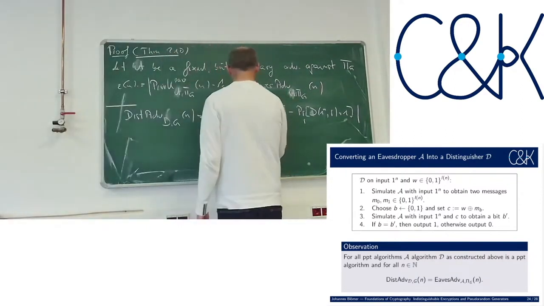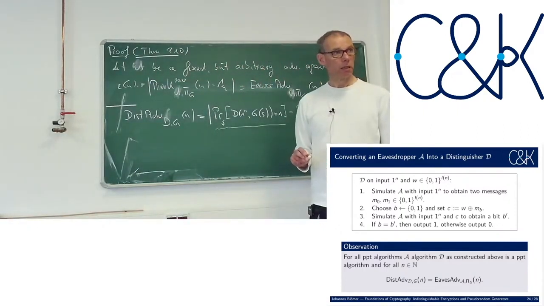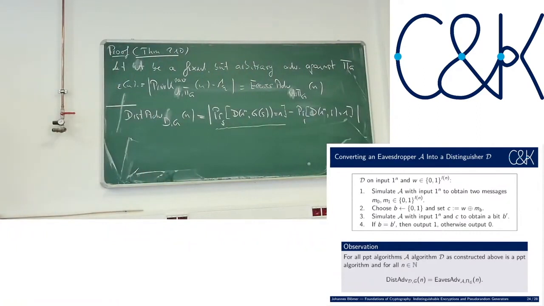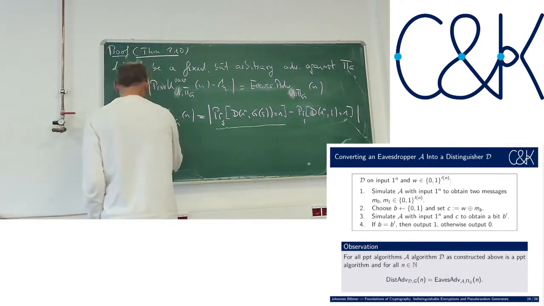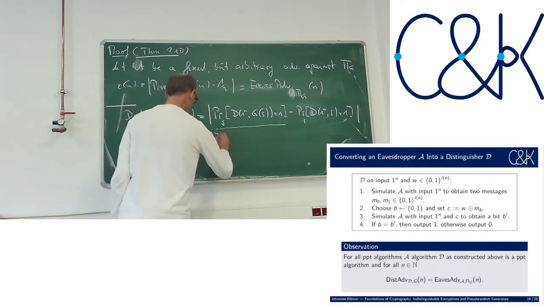Now let's look at this case here. In this case, what we get is something generated by picking S uniformly at random and then applying G. Then W is of the form G of S, and S is picked uniformly at random from 0,1 to the n.